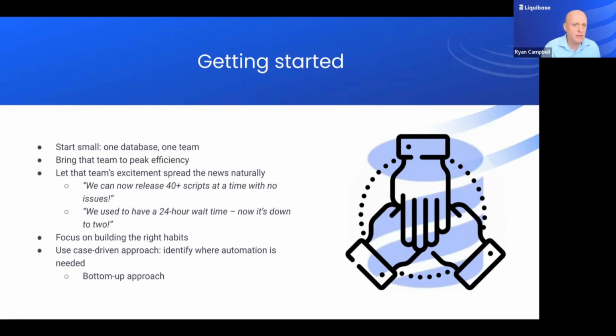I think that's a great point. It's really important to choose the right team to start with. You want someone for whom this is going to provide real value and improve their day-to-day lives, but also people who are open to doing something different and interested in DevOps. Finding that confluence of factors is really important.